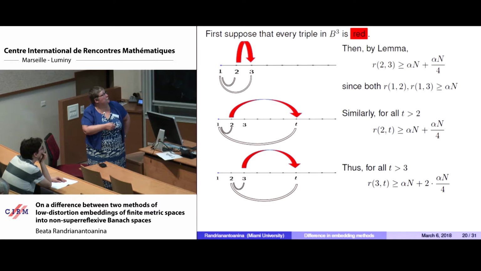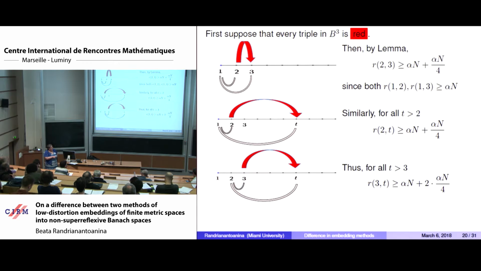I already know that 2, 3 is at least of this size. I know that 2t is also of this size, and I know that 3t is bigger than both of them. It's bigger than the smaller one of them plus alpha n over 4, which leads to this inequality, right?